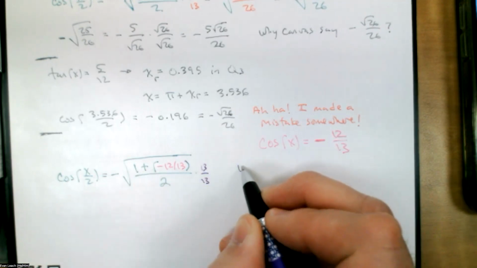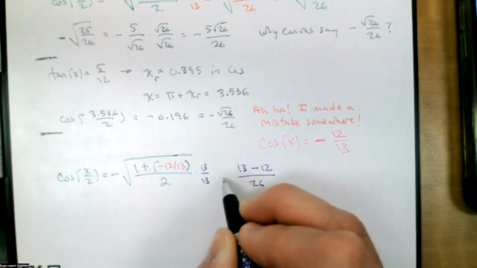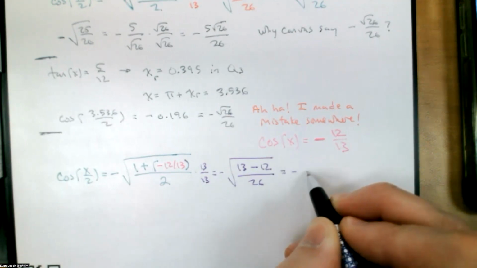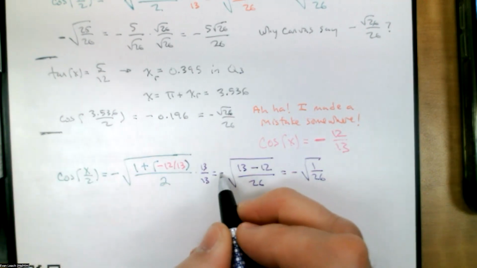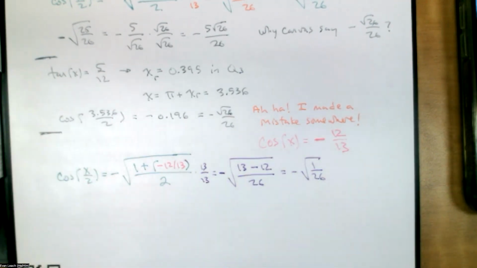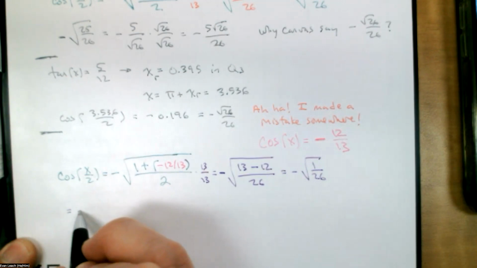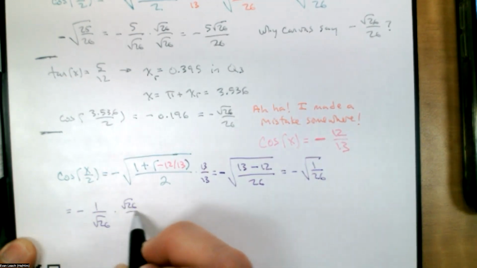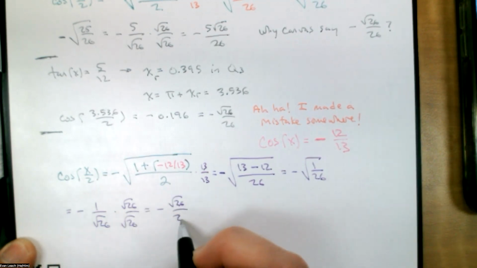But now I'm going to have 13 minus 12 over 26. It's still negative because this negative sits outside the radical. So that's going to be negative 1 over root 26. And then when we rationalize, we get negative root 26 over 26.